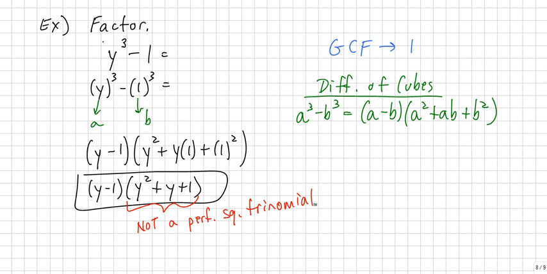Just because you look at a polynomial and you have 3 terms doesn't necessarily mean it's going to be a perfect square trinomial. No matter how hard you try to rewrite that thing, you're not going to get it to rewrite as a squared plus 2ab plus b squared. It's just not going to happen. And again, you can check this by multiplying that binomial times that trinomial and see if you get back to the original polynomial that they gave us to factor.